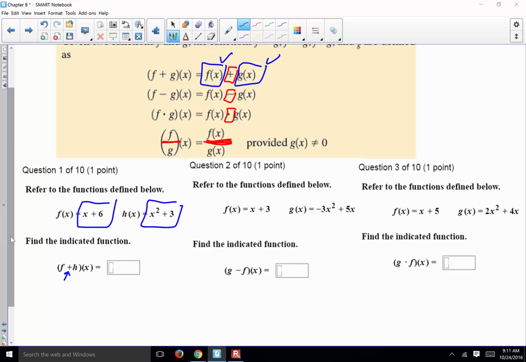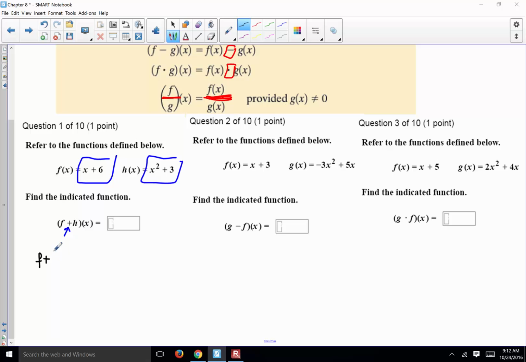Again, f plus h of x will be the formula of f, formula of h, not g. The formula of f is, go read it, x plus 6, and then the formula of h is x squared plus 3.